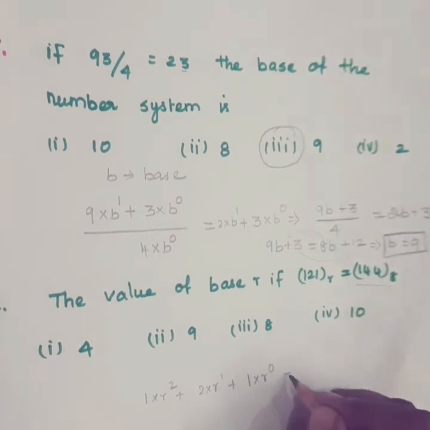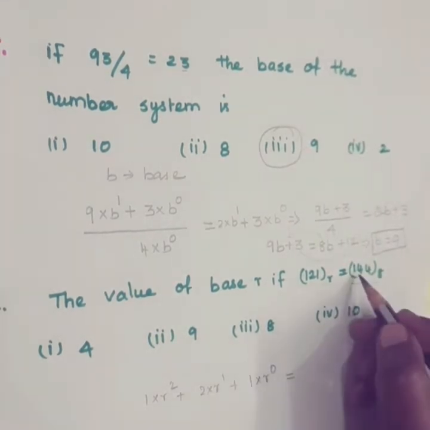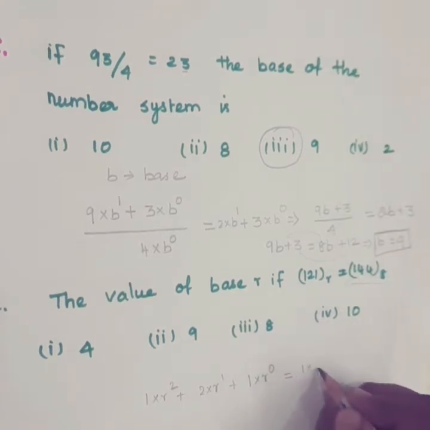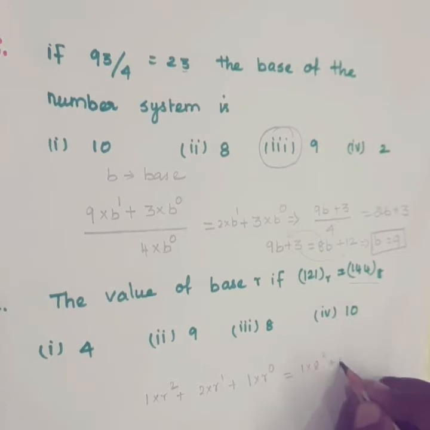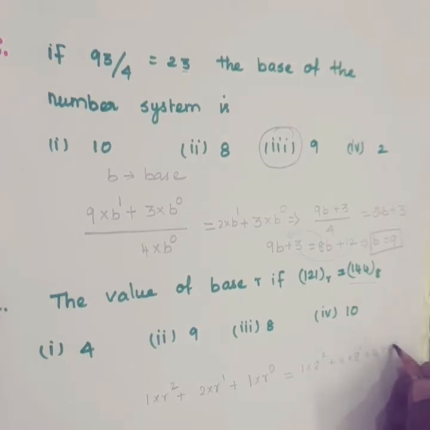On the right side, you get 144, that is base 8. So you can write 1 into 8 square plus 4 into 8 power 1 plus 4 into 8 power 0.